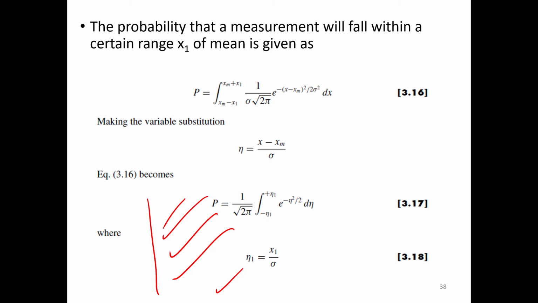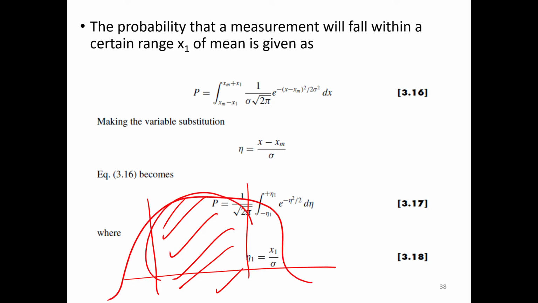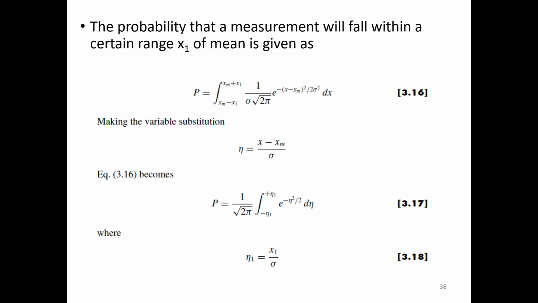But to start from the beginning, to find the probability of something happening in this range in a normal distribution, you essentially have to take the integral of your main formula, right, with respect to x, with these ranges from x of m minus x1 to x of m plus x1. Okay, to make it a little bit easier, we come up with this new variable called eta, which is x minus x of m over your standard deviation.